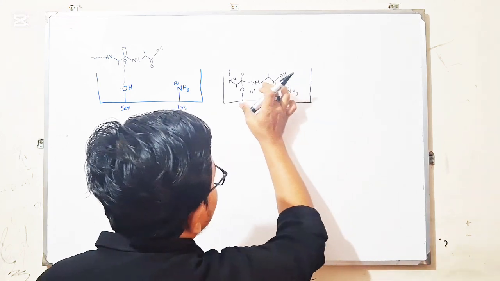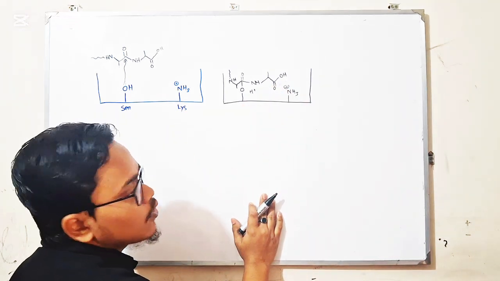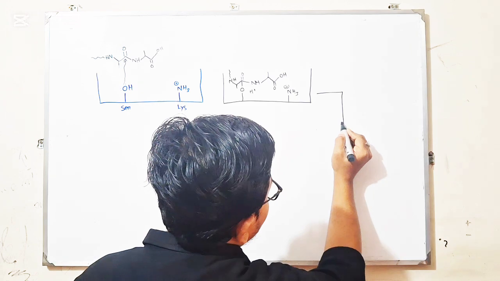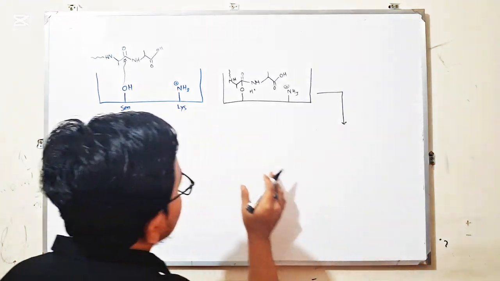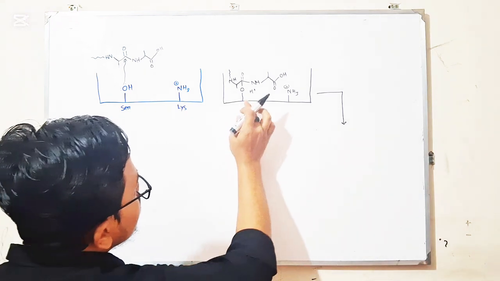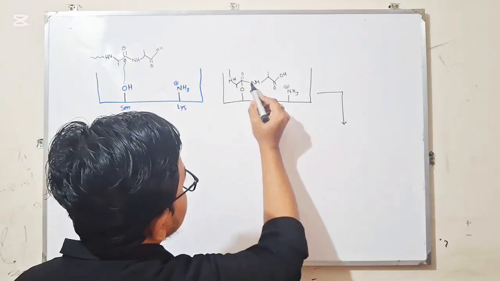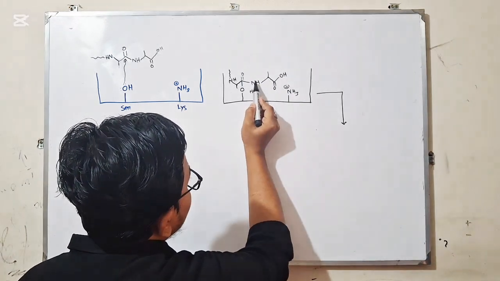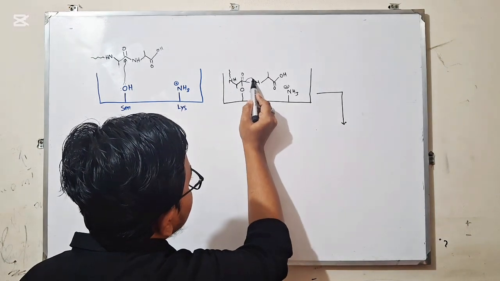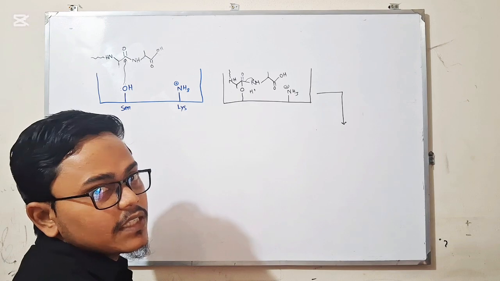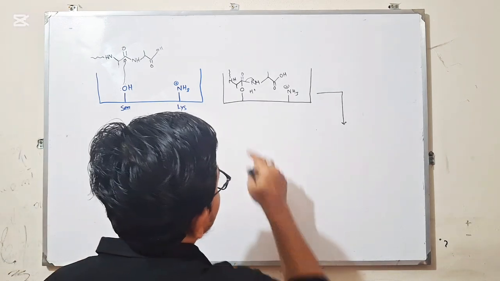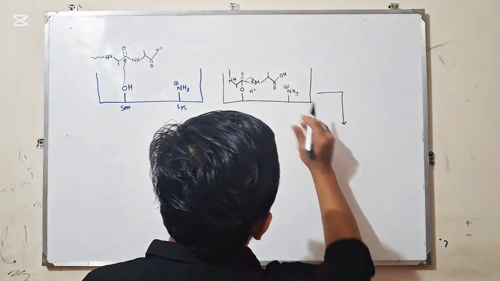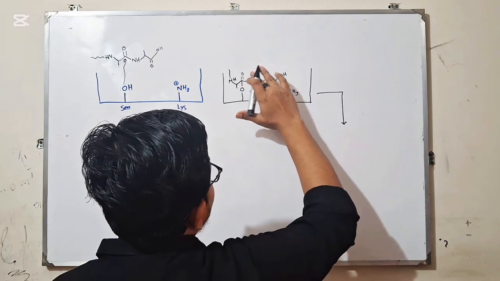Then, interesting thing, let's know about the next step. When they form this kind of bond, this bonded electron shifts towards the nitrogen, and this portion will be like this.